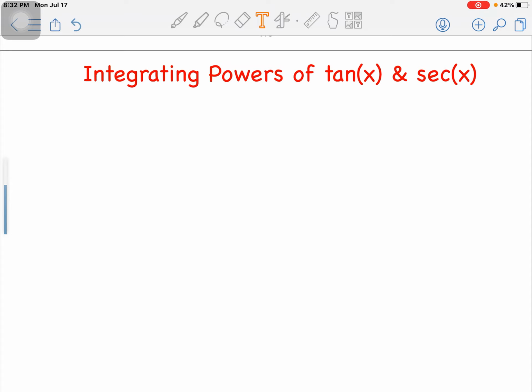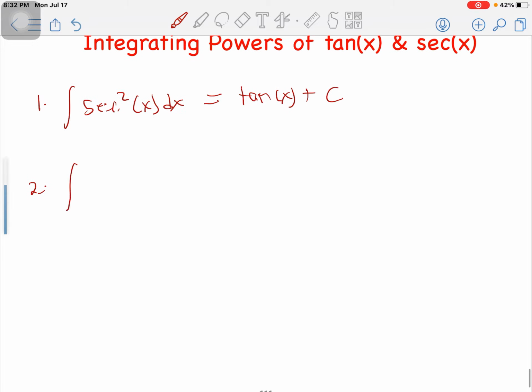So before we proceed, let's consider these basic integrals. The first one is the integral of sec squared x dx, which is equal to tan x plus c, where c is the arbitrary constant of integration.